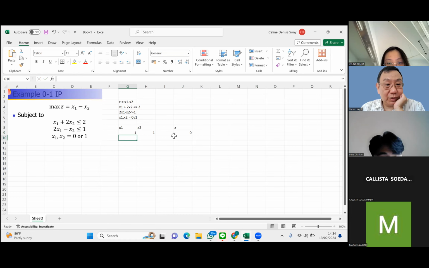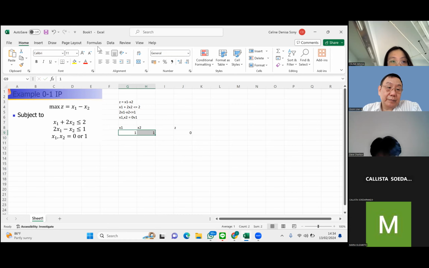All you need to do is to put the name of variables. So x1, x2, you put yellow so that you know this is the variable that you want to search. And then give names. You know how to give names, right? You can select G and H, 9 and 10.